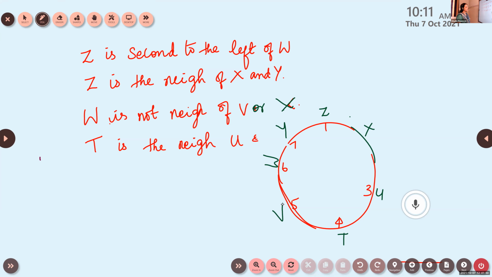Otherwise, we have to rearrange it. So what is the next possibility? Suppose I put U here and V here. Will it satisfy? Yes. If I put V here, V will become the neighbor of W, which is not allowed. So this is the possibility.